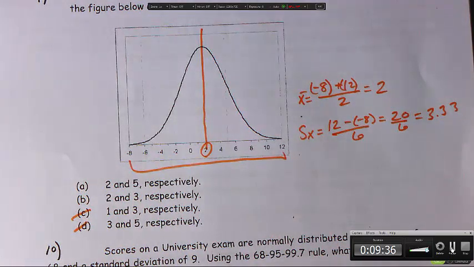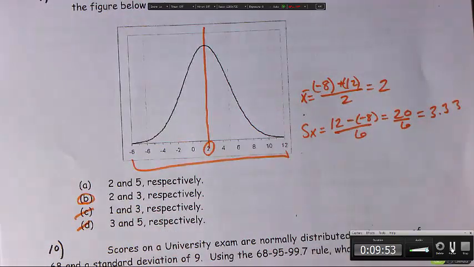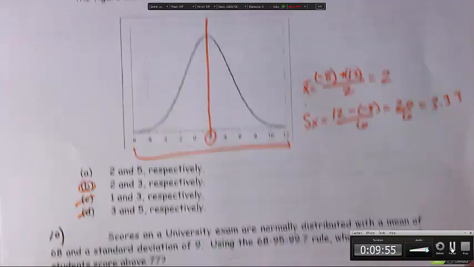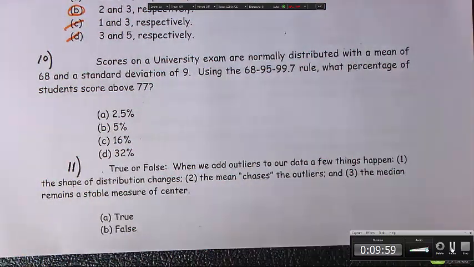You sure? Yeah, you do. All right, because it's 2 over 6, not 2 over 3. So the answer is B. 2 and 3 respectively. Respectively means the answers are listed in the same order in which the question was asked. So since it said the mean and standard deviation, then that means they're listed as mean and standard deviation.